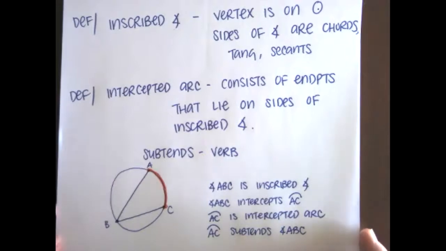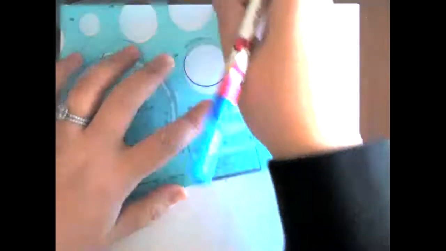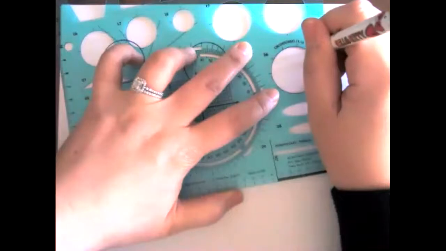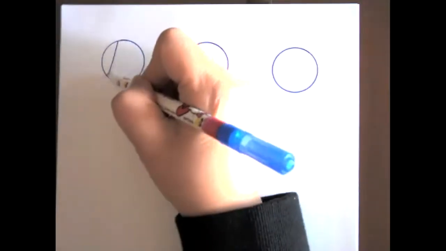Okay, there are different types of inscribed angles actually, and they all have the same relationship with the arc. So here are examples. One example is what we had, two chords like this.